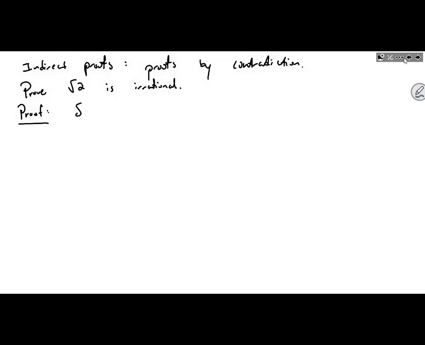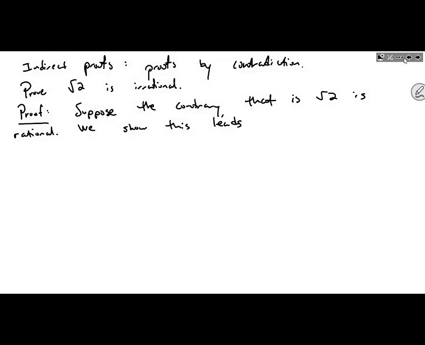So let us first suppose the contrary. That is, square root 2 is, in fact, rational. We show this leads to a contradiction.